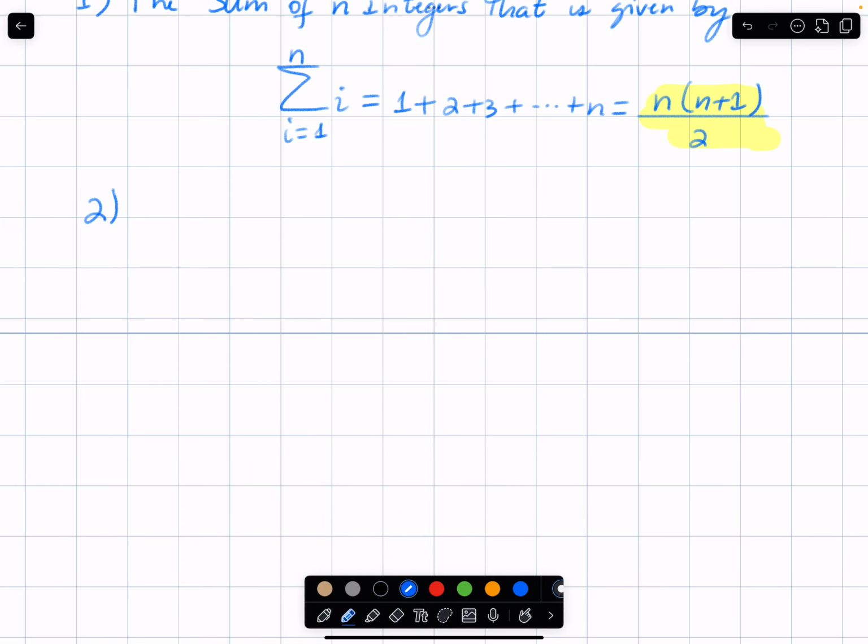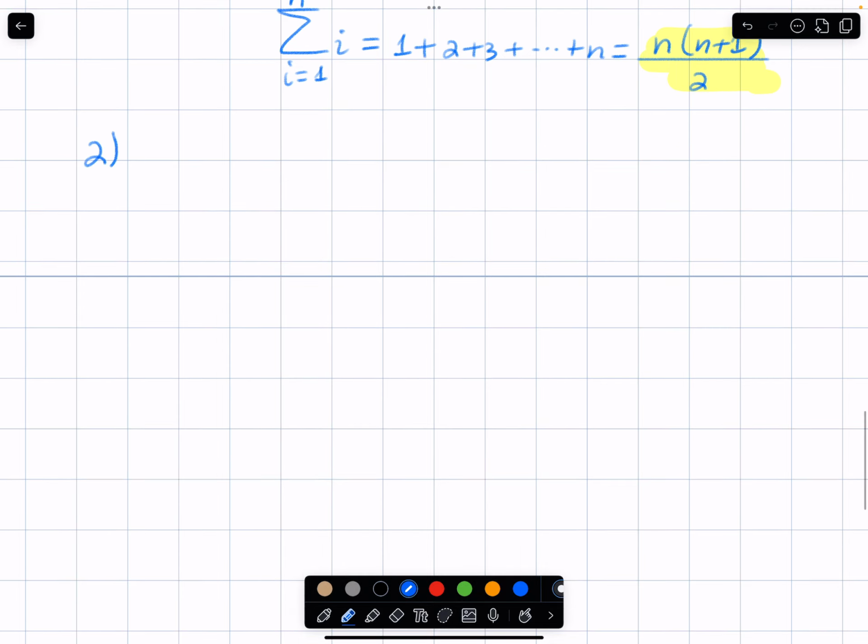So what if we had to add up some consecutive integers that are squared? What do you do then, right? There's some other stuff you can memorize to make your life easier. All right. And I can't spell stuff today.